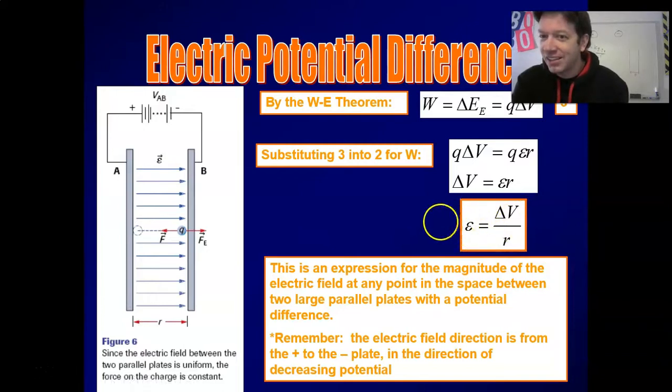But something does happen to the potential difference between the plates. You would have had to do more work to move it twice the distance, and there would be a greater potential difference between the plates. So if you double r, you double the potential difference, but epsilon remains the same. Epsilon does not depend on the separation between the plates.